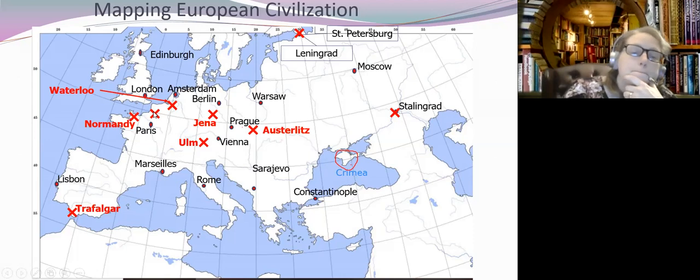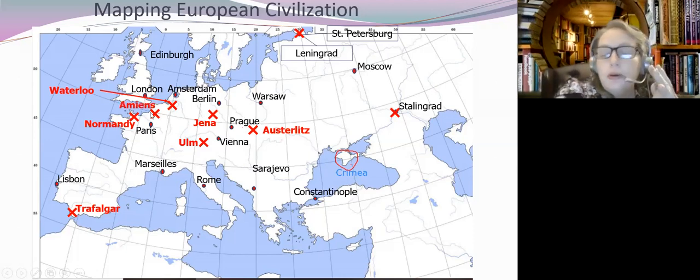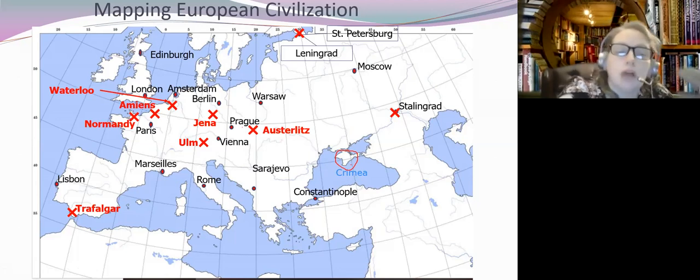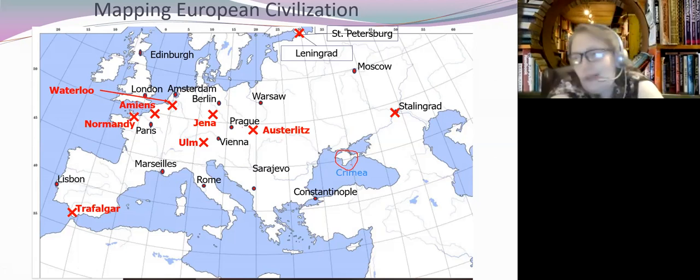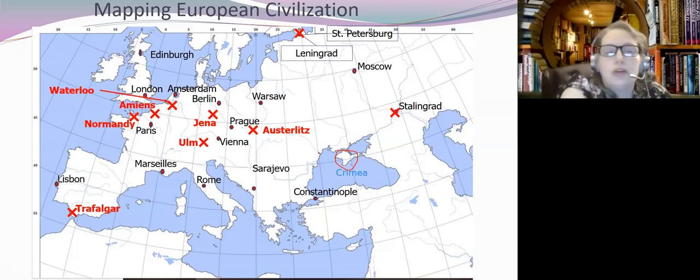Okay. Right below that is the Battle of Amiens, or Ypres, Y-P-R-E-S. I will either give you Amiens or Ypres. I will not give you both, okay? Not on the same map. They're so close together on this map that you can't tell the difference.